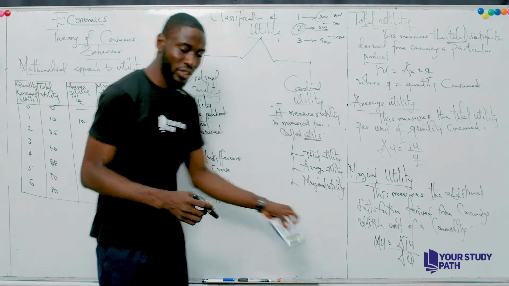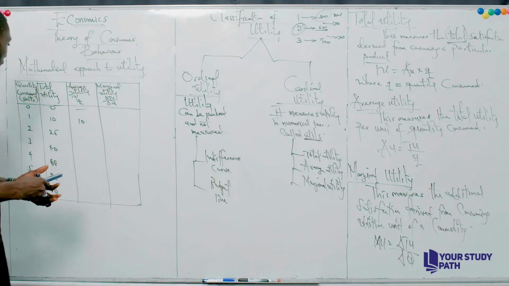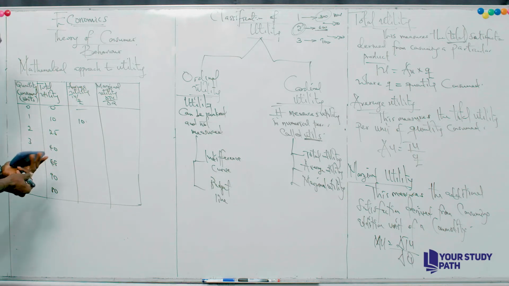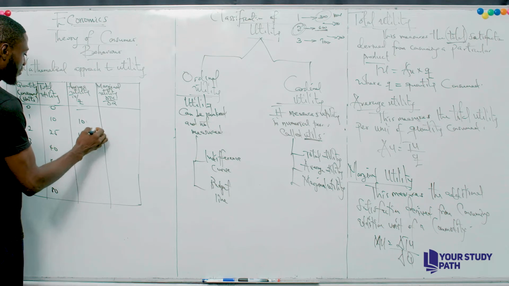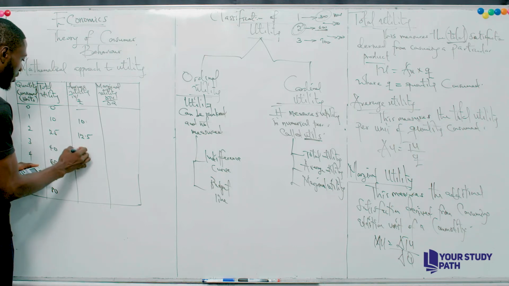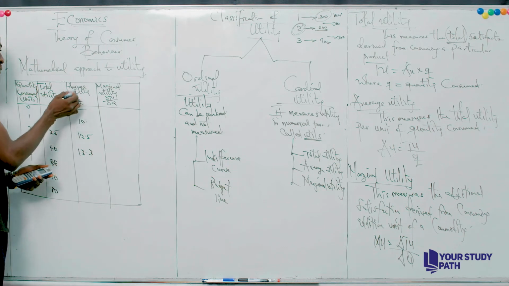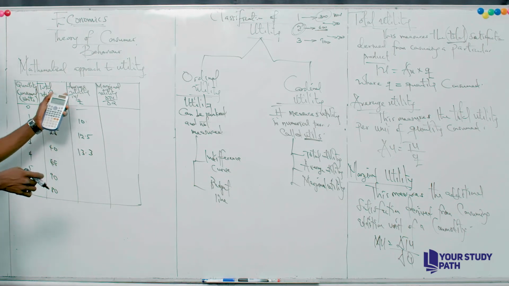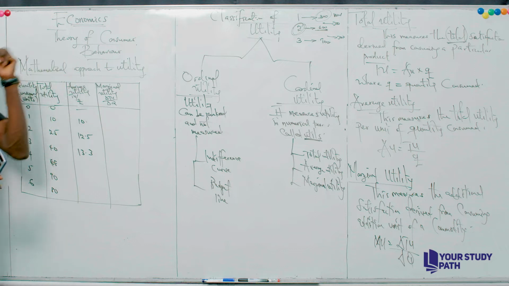I hope you have your calculator ready. Now, for the second one, 25 divided by 2, that should give us 12.5. Then for the third one, 40 divided by 3. That is 13.3. So this is the formula we are using, TU divided by Q. We are going to follow it at each level.